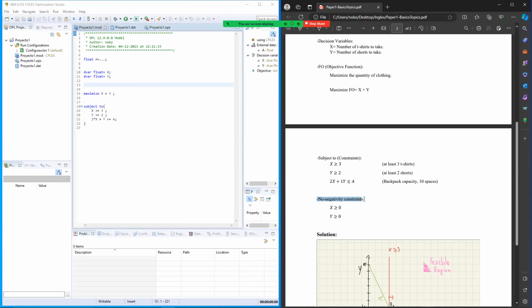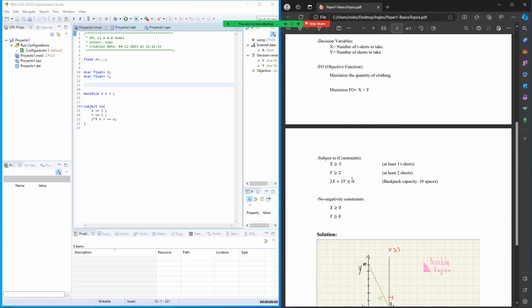And the non-negativity constraint. This non-negativity constraint is related to real life: Pablo cannot use a negative number of t-shirts.